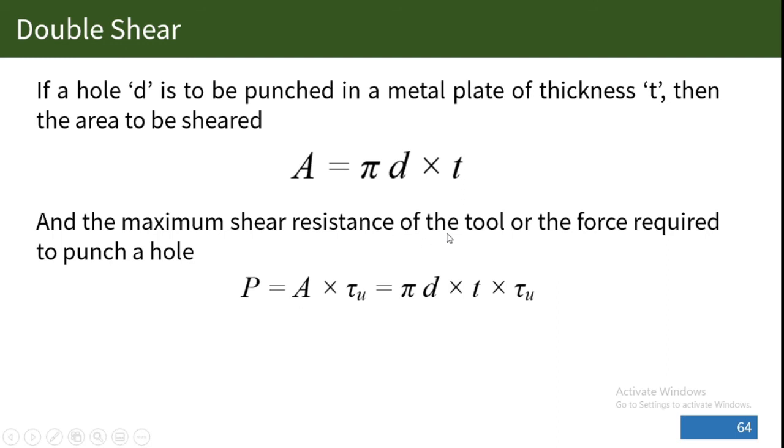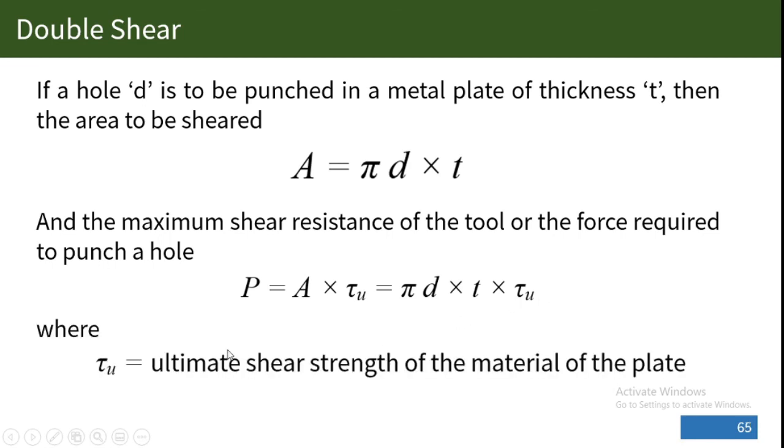Substituting the relation of area into this equation, we have P equals pi d times t times tau sub u, where tau sub u is the ultimate shear strength of the material of the plate. Okay.